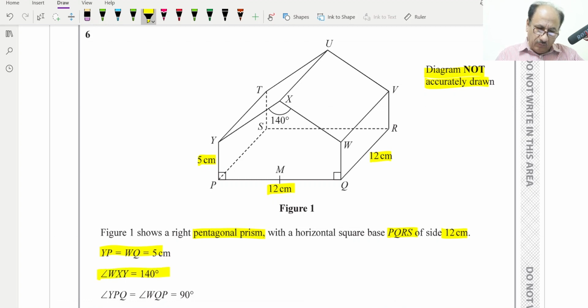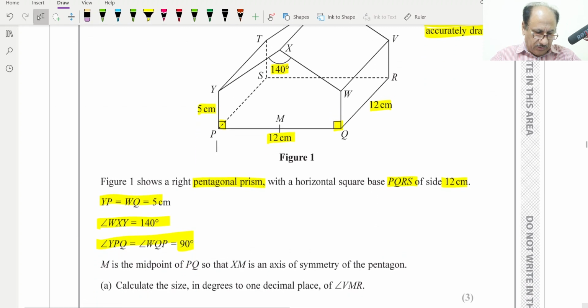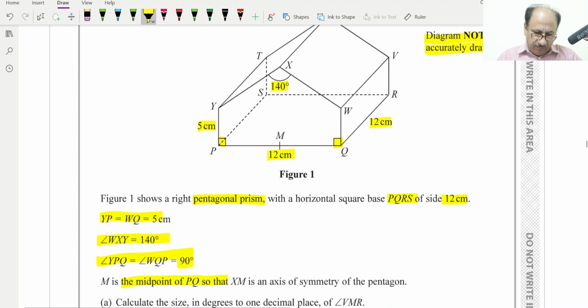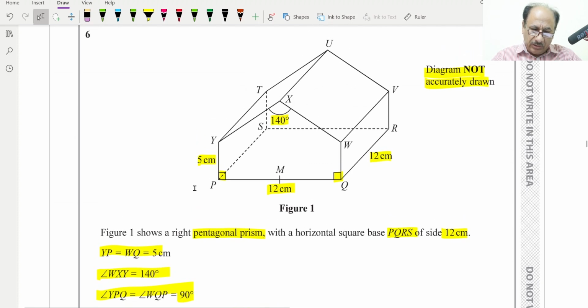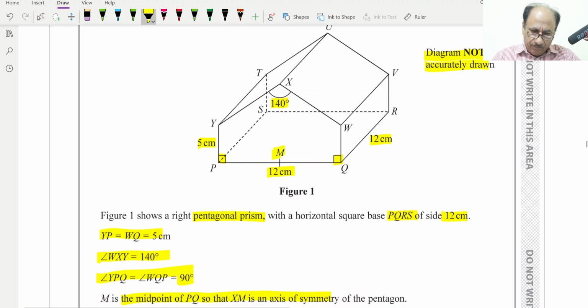And angle 140, this one, and these two angles are 90. So this angle and this angle are 90, which they have provided. And M is the midpoint of PQ, and XM is an axis of symmetry of the pentagon. M is the midpoint and M is over here.